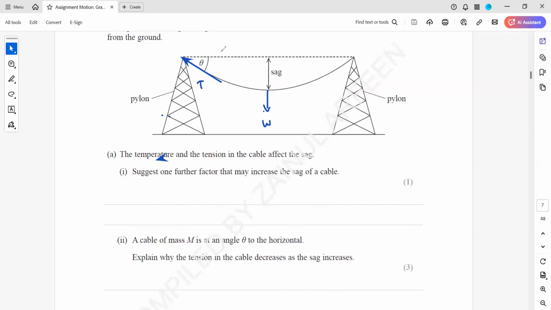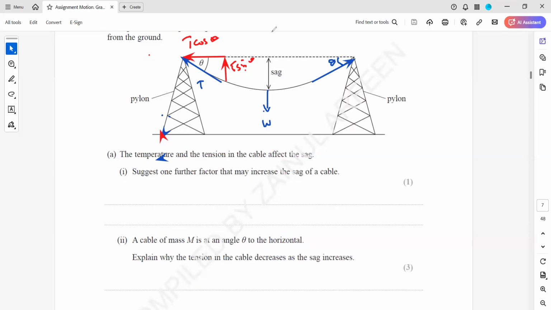This tension will have two components, one with the angle and another opposite to the angle. The component of the tension which is with the angle equals T cosine theta, and the component which is opposite to the angle is T sine theta. In the same way, at the other pylon there will also be a tension with the same angle theta.